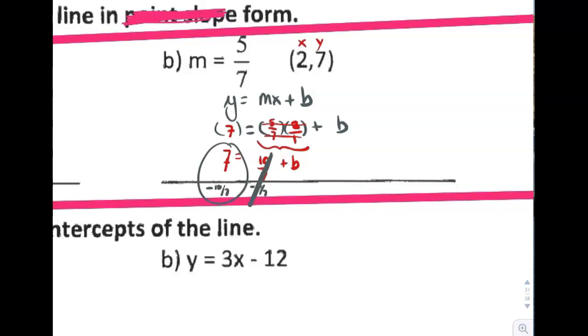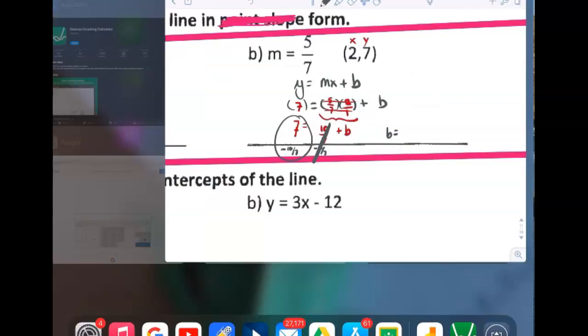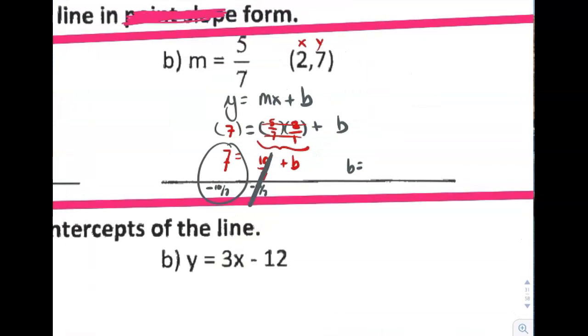So 7 minus 10 sevenths is what we're looking for. And you could type that into a calculator, or you could figure out that 49 sevenths is really 7. So if you went 49 sevenths minus 10 sevenths, you would have 39 sevenths. So I'm going to call it 39 sevenths.